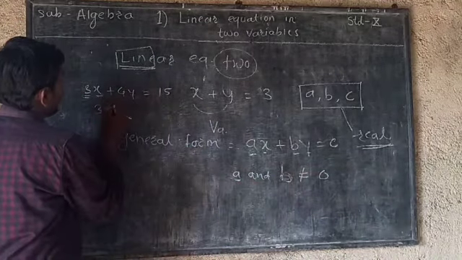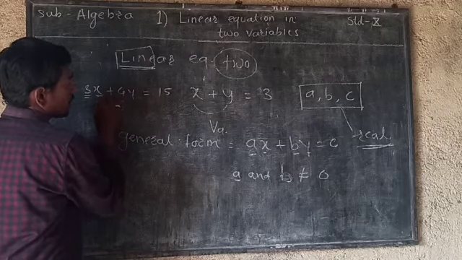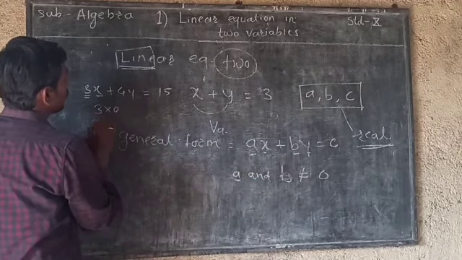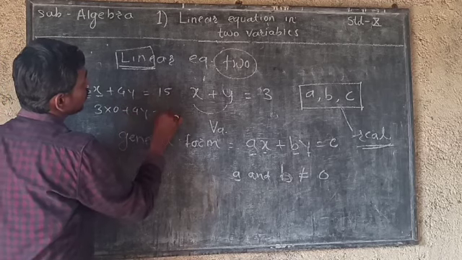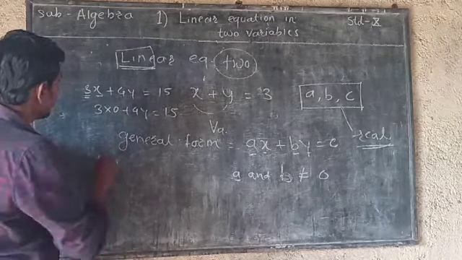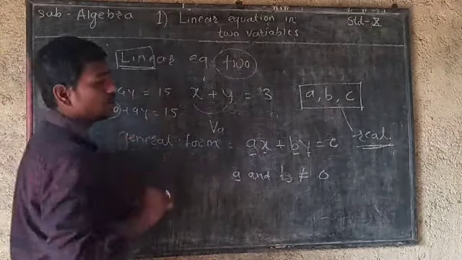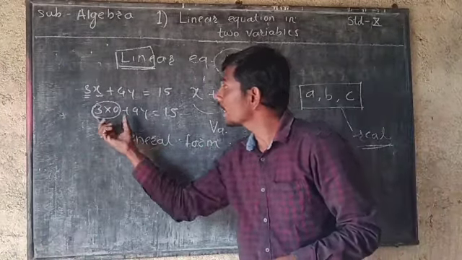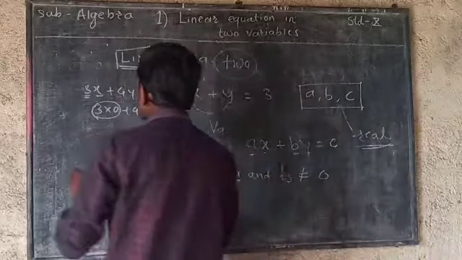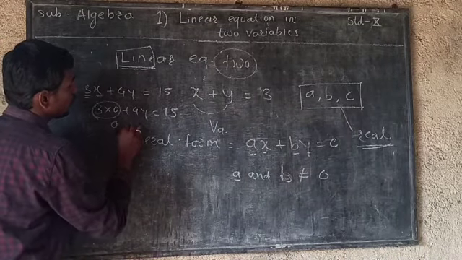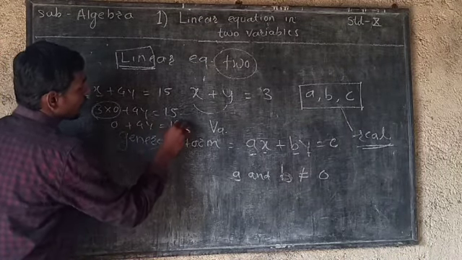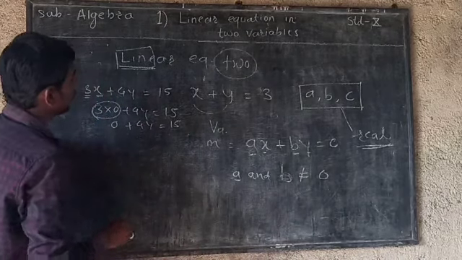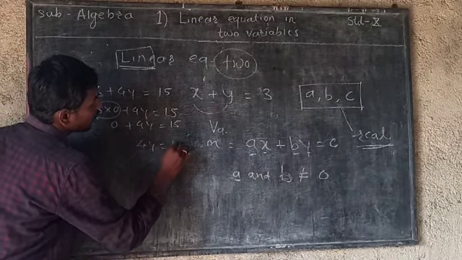So 3 into 0 plus 4y is equal to 15. Now 3 into 0, this is a property: when we multiply any number by 0, we get 0, right? So 0 plus 4y is equal to 15. It means 4y is equal to 15.